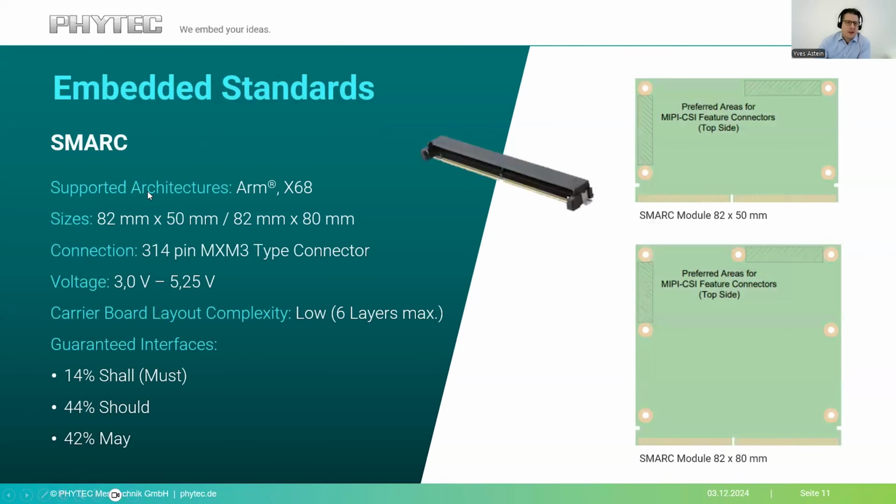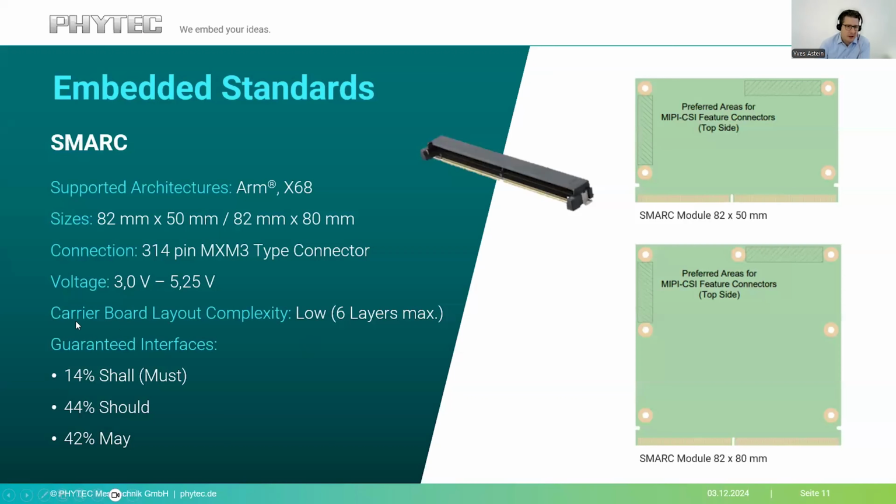SMARC: supported architectures are ARM and x86. Sizes go from 82 times 50 up to 82 times 80. There's a connector. It's a connectorized version. It's not a solder standard, and you're using 314 pin MXM3 type connectors.